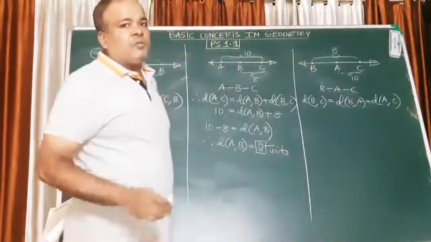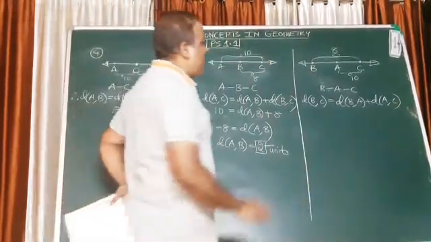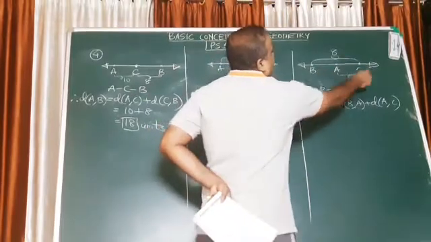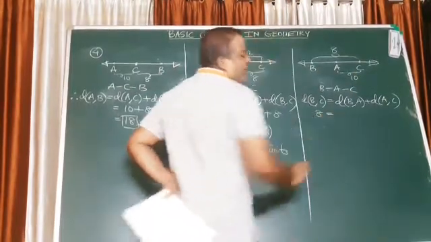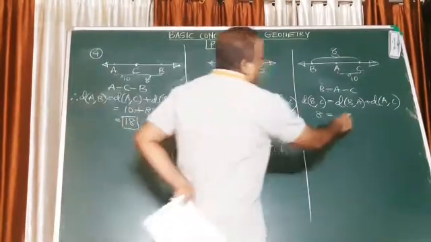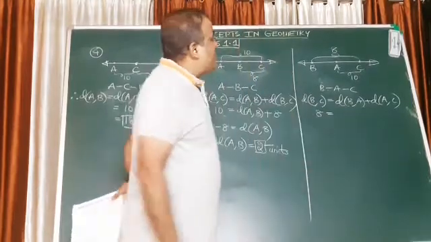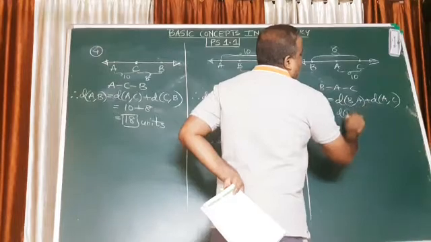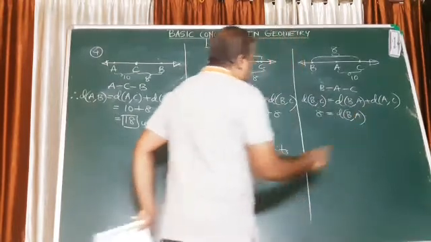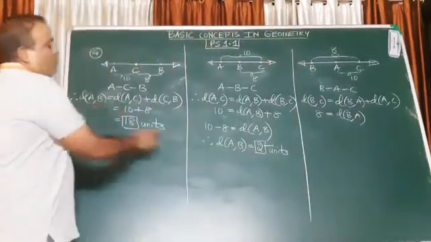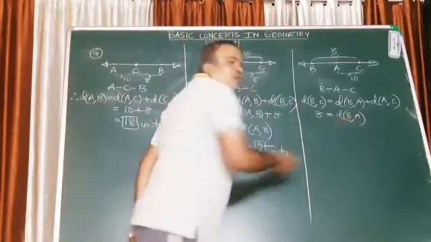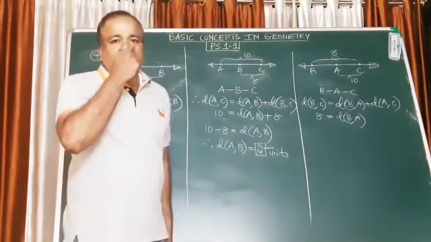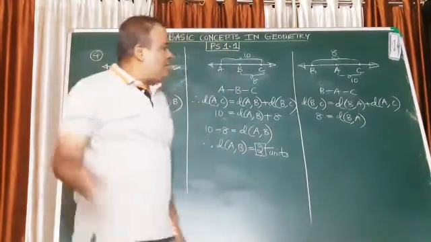Let's see why it is not possible. We know mentally it is not possible. So what is BC given to you? 8. Fine. Now what is BA? The distance B and A is not given, you have to find it out. B and A means the same as distance AB. It's like you catch your nose like this or you catch your nose like this.